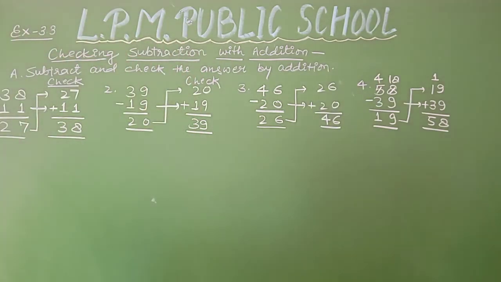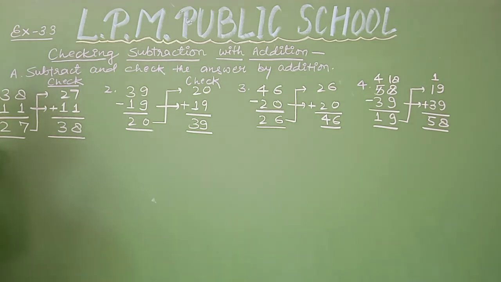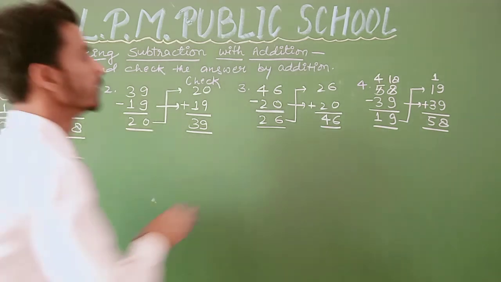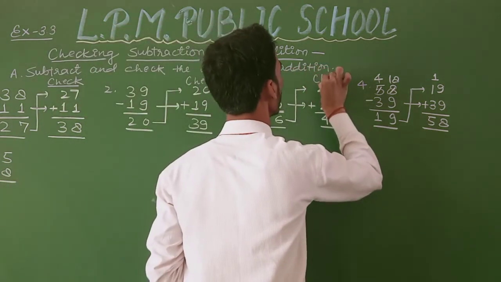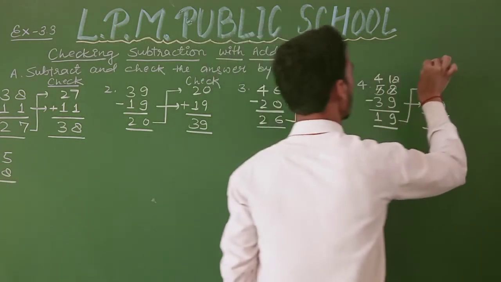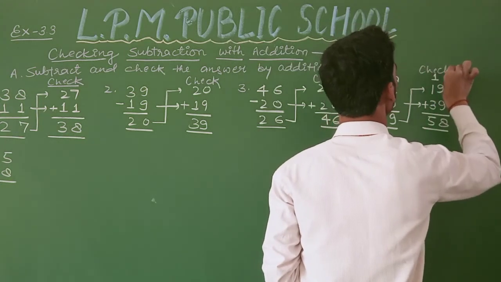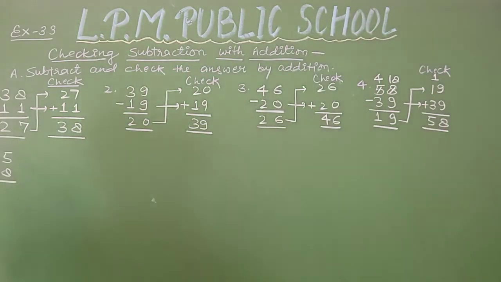Okay, and now come on the next question, that is question number 5. Question number 5 is 75 minus 38. 15 minus 8, that is 7, and 6 minus 3 is 3.